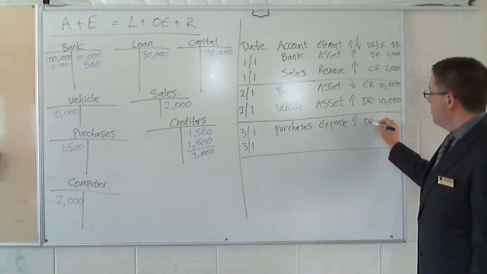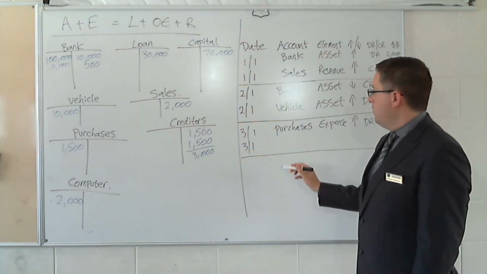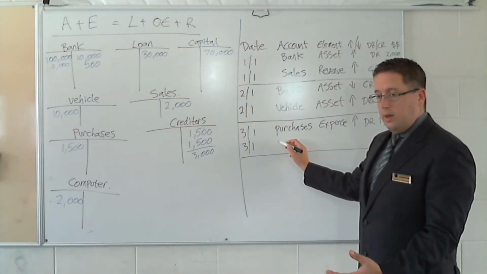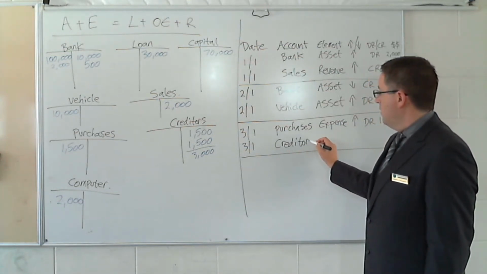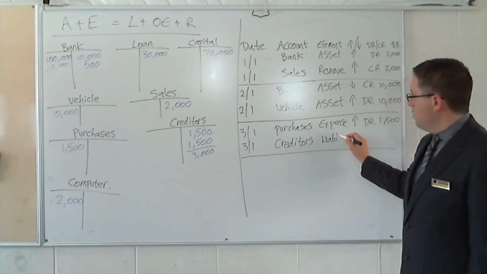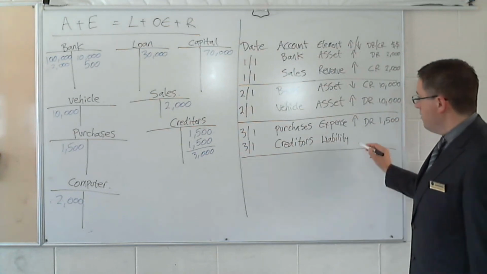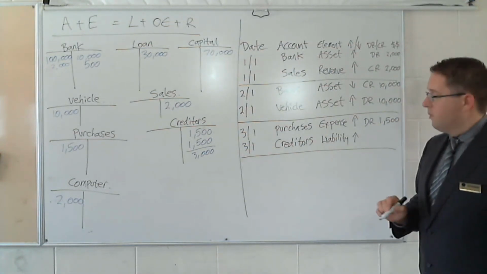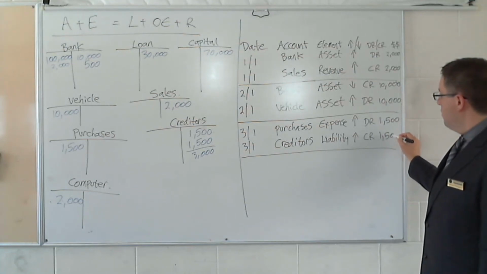So that needs a debit, 1,500. The second line on the 3rd of January. Our creditors. Now that's a liability. We owe money. Has the balance of our liability gone up? Oh, yes it has. We now owe more money. So, that's a credit, 1,500.